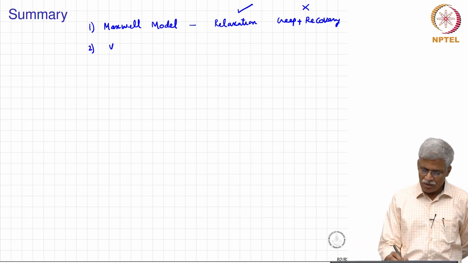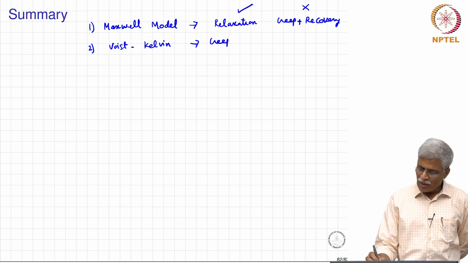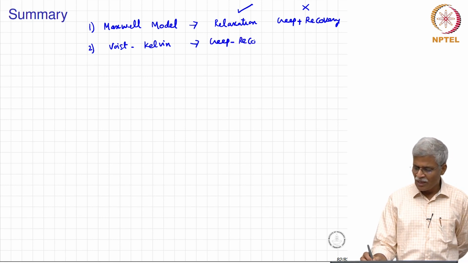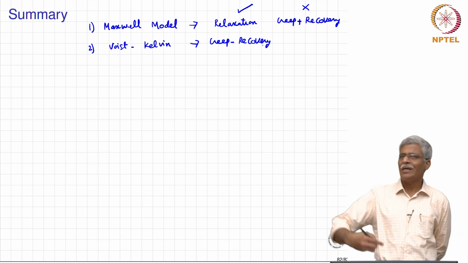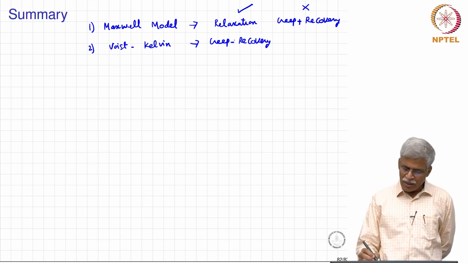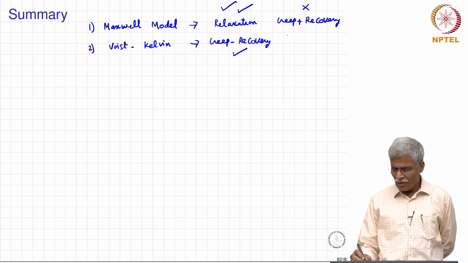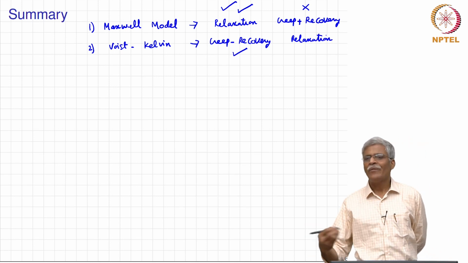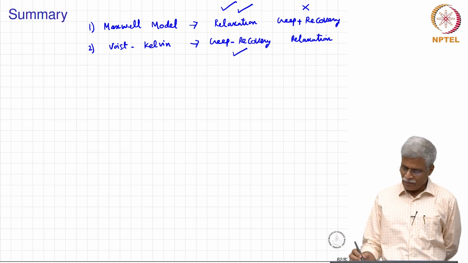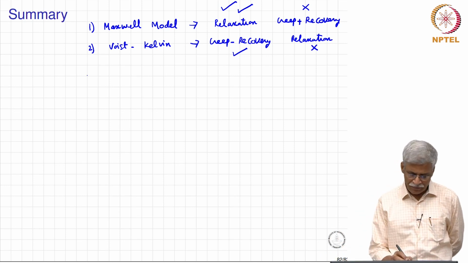Then we discussed the Voigt-Kelvin model, and we found out that it can do a decent job as far as creep and recovery, because you still will not have an initial jump. So, if I put a double tick here, I will put a single tick here for this, but when it comes to relaxation, this model cannot do any relaxation because you have a dashpot in parallel with a spring. So, it will not do anything.